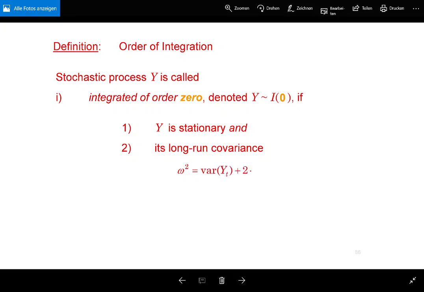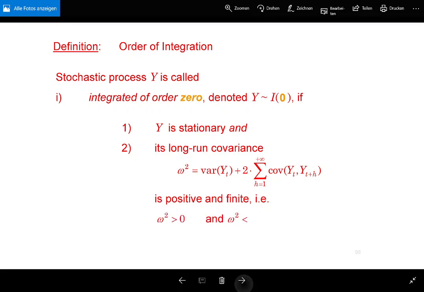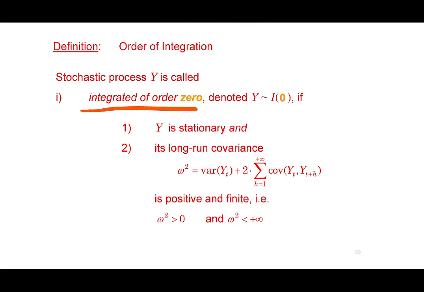Now, that was the variance plus 2 times the sum of all covariances, with respect to every time lag there is. Since the process is stationary, it doesn't matter which direction you are moving to. And if you have this expression where it's finite and positive, then you will have a so-called integrated process of order 0.